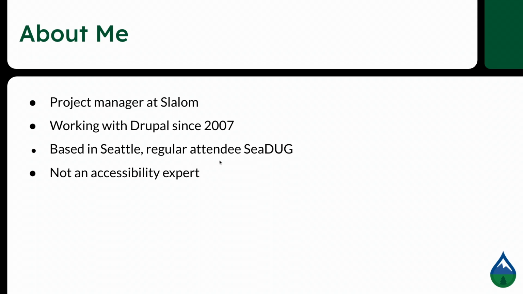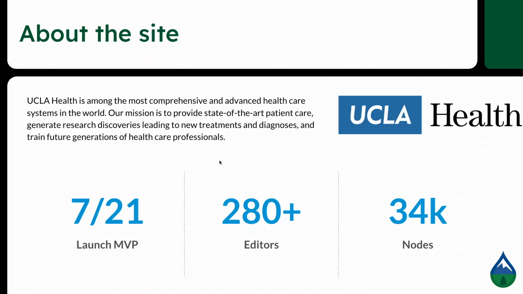Okay. All right, so today we're going to talk a little bit about my client site. Slalom has been working with UCLA Health since 2020. They are the most comprehensive and advanced healthcare system in the world, or one of them. We launched their site in July of 2021.